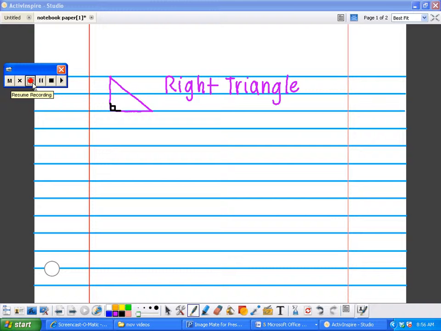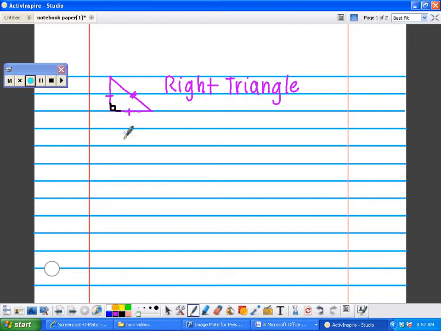Now I want to know, is there another name for this right triangle? Is it scalene? Is it isosceles? Or is it equilateral? Mine looks to be, and yours may be different, but I think it may look to be isosceles too. I think this one may be a little bit longer.